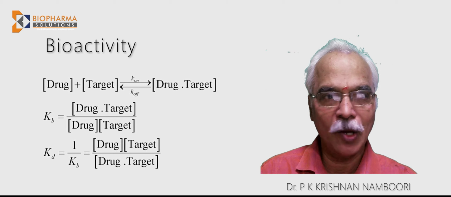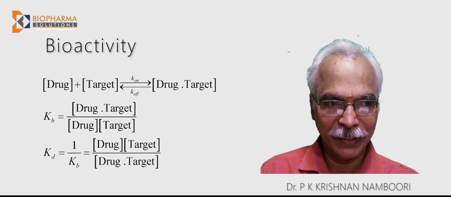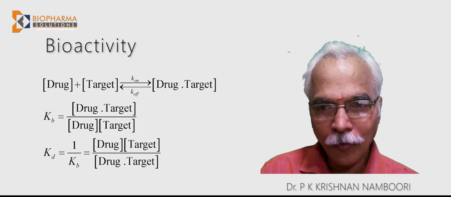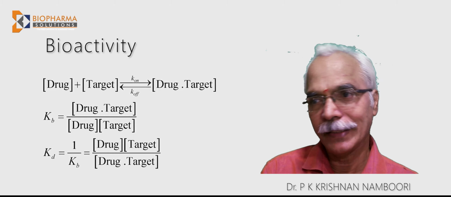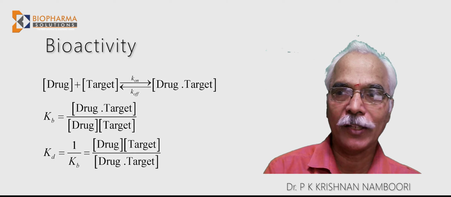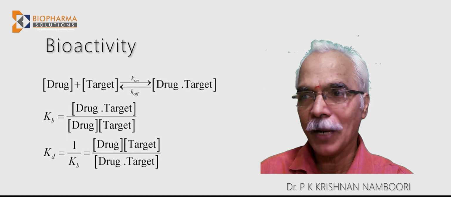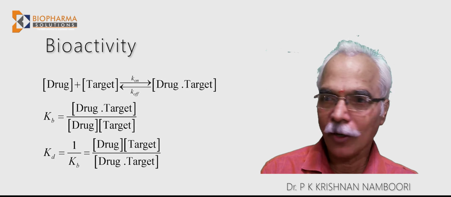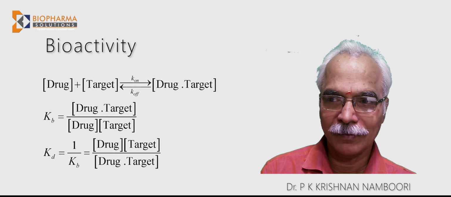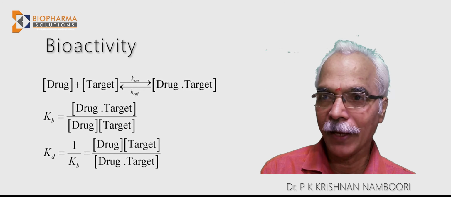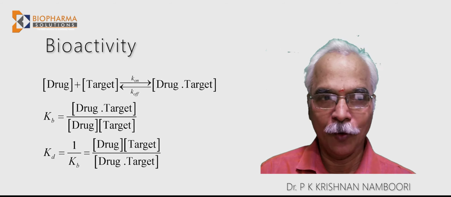K off is the rate constant determining the dissociation of that complex. So formation of that complex is represented by rate constant k on, and dissociation of that complex is determined by rate constant k off.